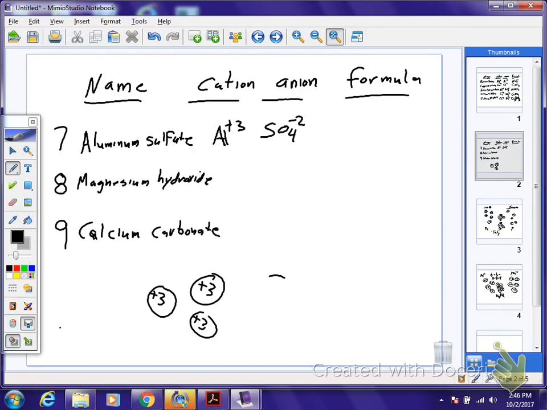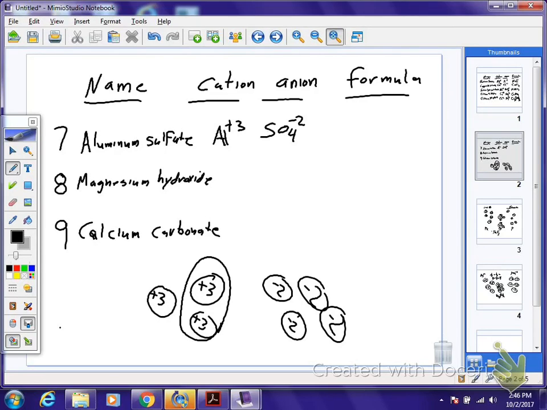And then over here I have -2, -2, -2, -2. So then we have to make a decision how many we need of each to get a neutral compound. Okay, if I take 2 of these and make it +6, how many of these do I need? I need 3. Now they are equal. Charge opposite. +6, -6.